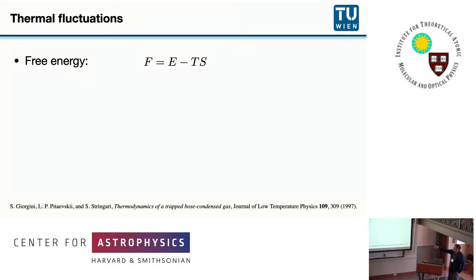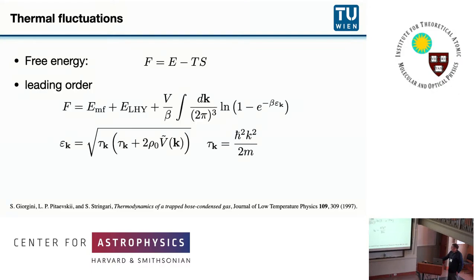Now you have to do a little bit of thermodynamics. You look at the free energy, but again, I can calculate it pretty much the same within Bogoliubov theory. You get very similar expressions to the corrections to the ground state energy from quantum fluctuations, where the temperature now comes in, and essentially you just get a weighted sum over the interactions with the thermally excited excitation.